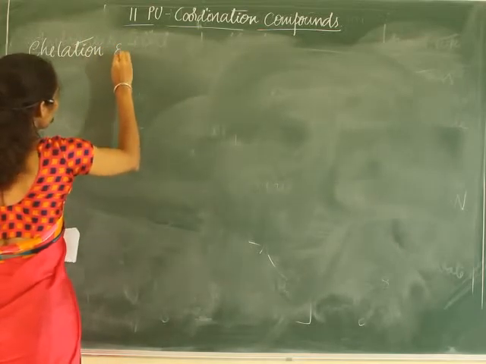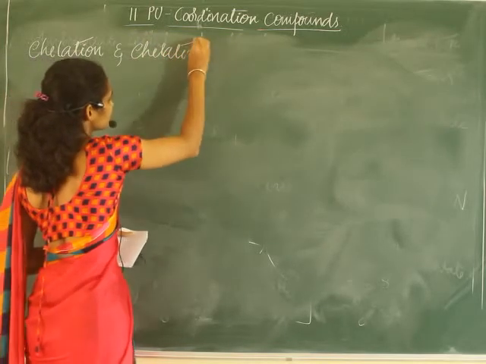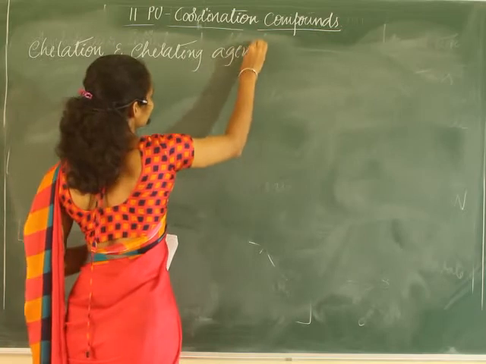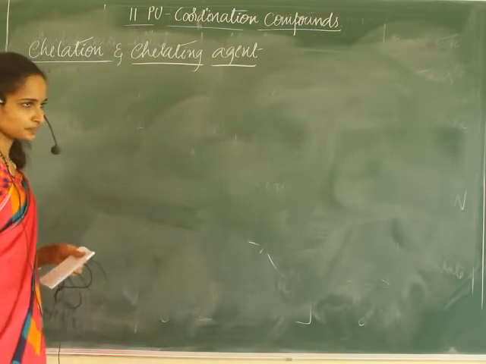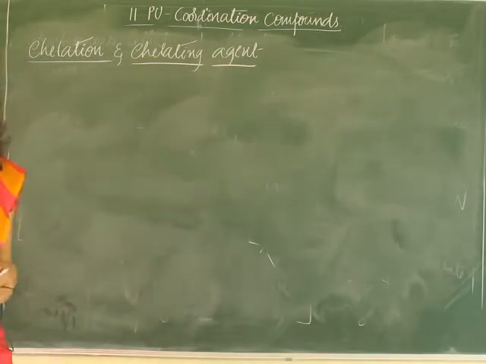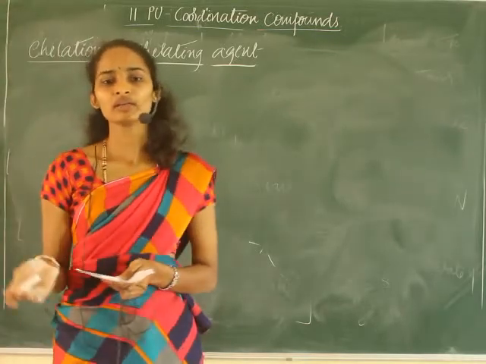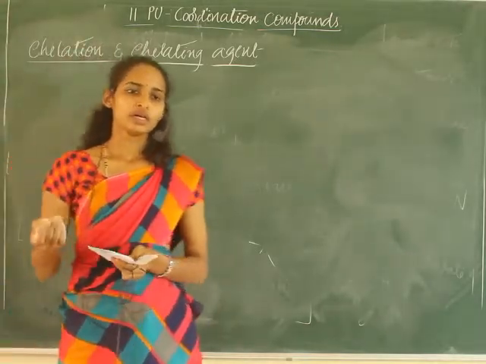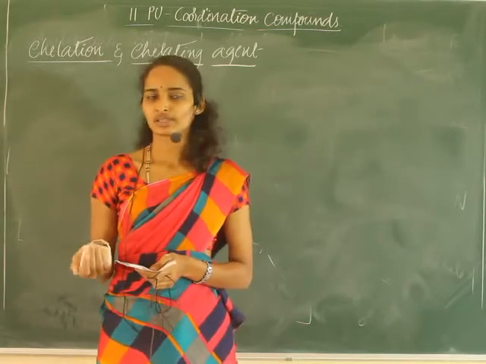Here, when a bidentate or polydentate ligand coordinates to the central atom, and if it forms a ring while forming the coordinate bond, then it is called chelation.